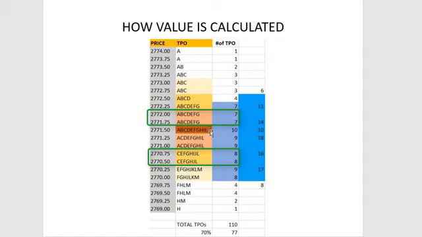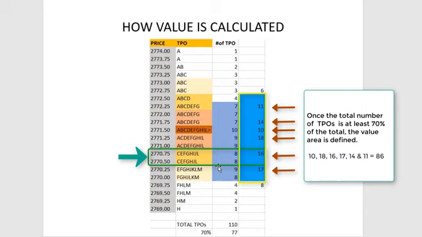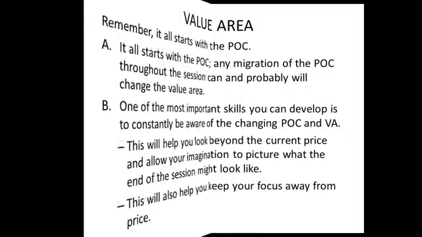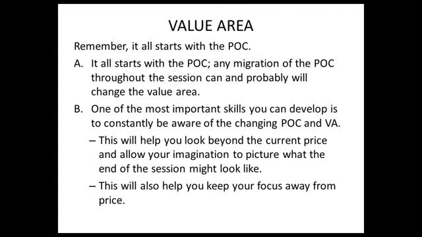So in order to reach this 70% level, the next thing we'll do is use the two lines with a total of 16. That process continues until you have identified 70% of the TPOs. That's your value area for the day. Remember, the value area starts with the POC.